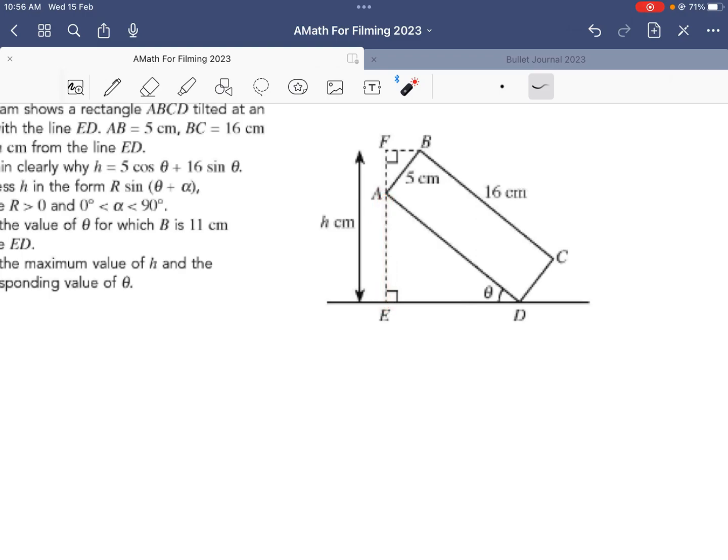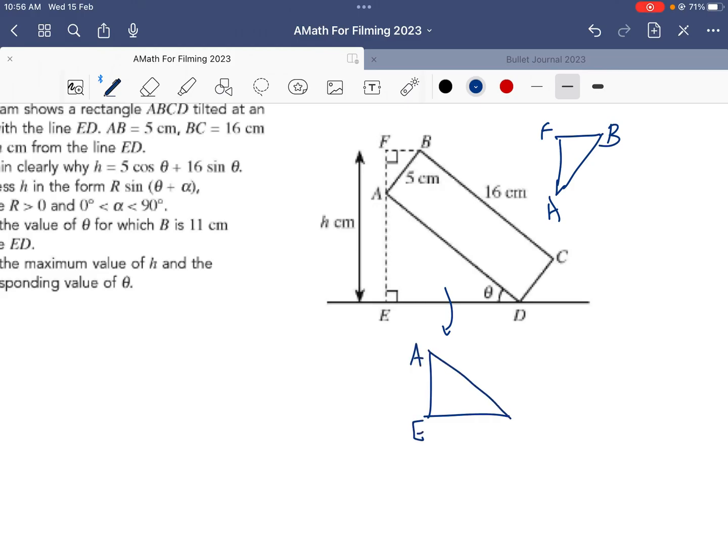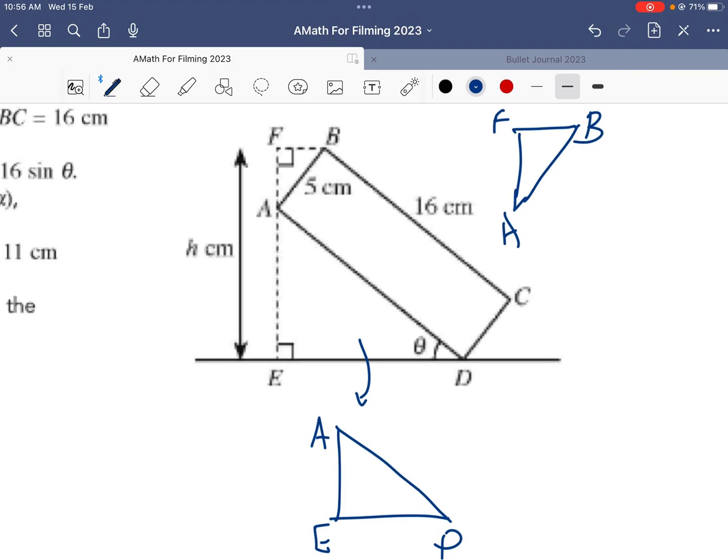If I consider triangle FAB like this, and the other triangle I can consider is triangle AED. Slowly, if this angle is 90 and this is theta, this necessarily means that this angle here is 90 degrees minus theta.